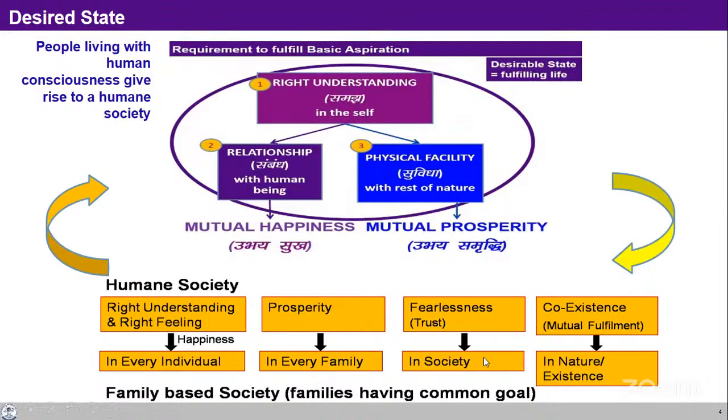Fearlessness in society. Coexistence in nature and existence. So family-based society, families having a common goal, human society. This is the desirable state. People living with human consciousness give rise to a humane society.